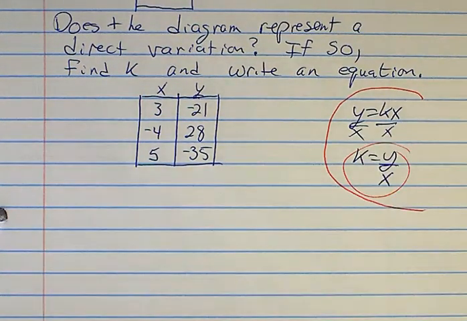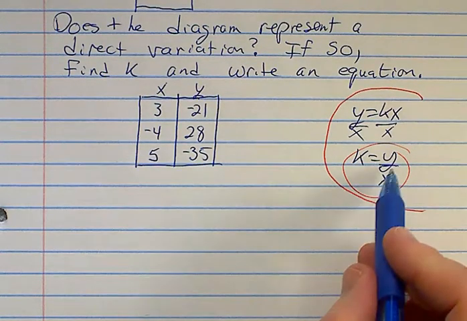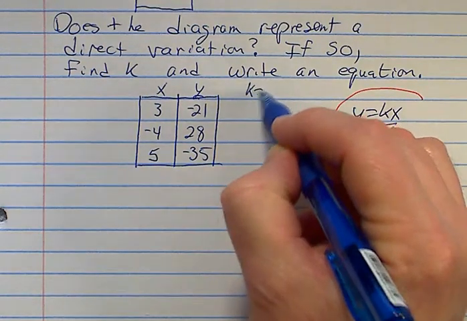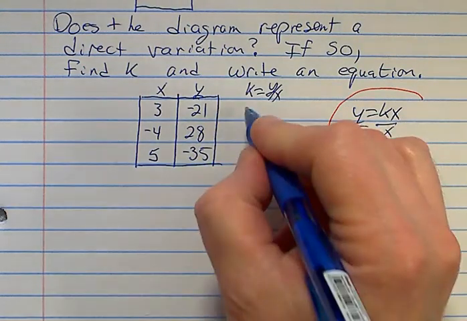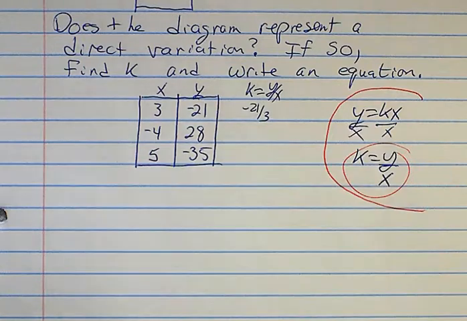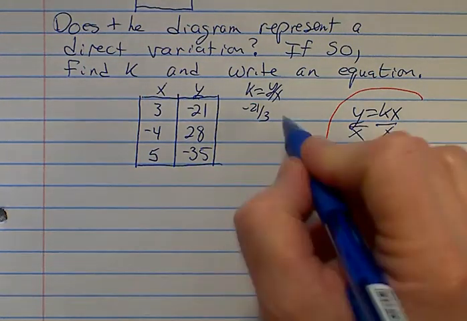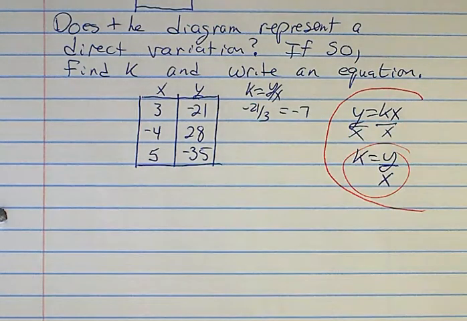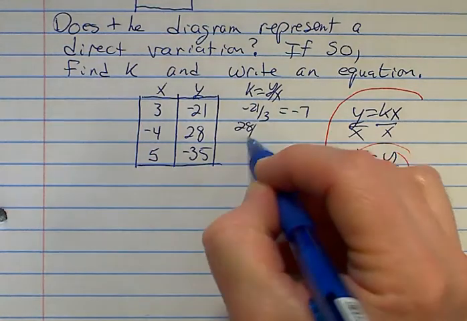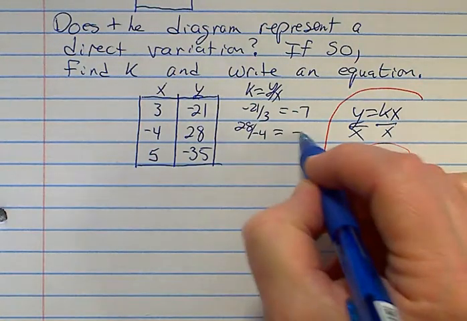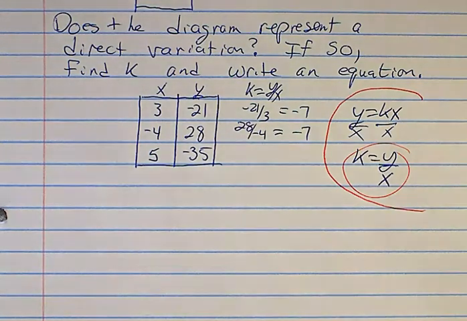Okay, well if all we're trying to do is figure out what the k value is, that means what we need to do over here is just take the y value and divide it by the x value. So it's negative 21 divided by 3. Negative 7, right? Okay, we'll do the same thing with the next one. This is 28 divided by negative 4. That's also negative 7.